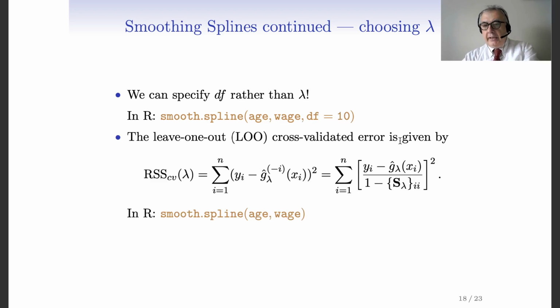In general, you will have to calibrate the value of lambda, and you can use the methods that we already know. So you could use k-fold cross-validation, and there is also the possibility of using leave one out cross-validation, that is k-fold cross-validation with k equal to n.